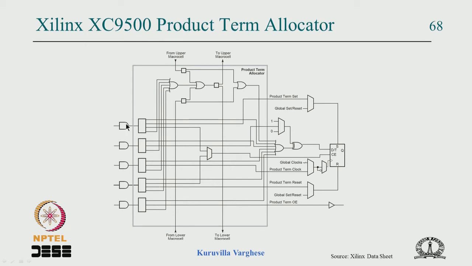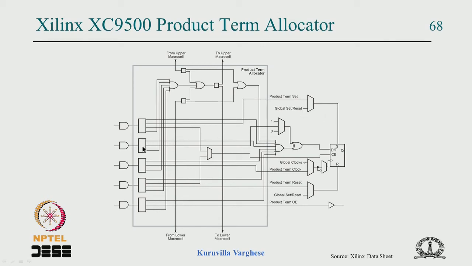You can see there are 5 AND gates and there are OR gates. There is a demux, where one input is connected to this AND gate and OR gate, and this one also can be connected. All the 5 are connected to a 5 input OR gate, but not that. If you are not using this product term for this OR gate, it can be used for setting it, okay. You can also use a global set or reset.